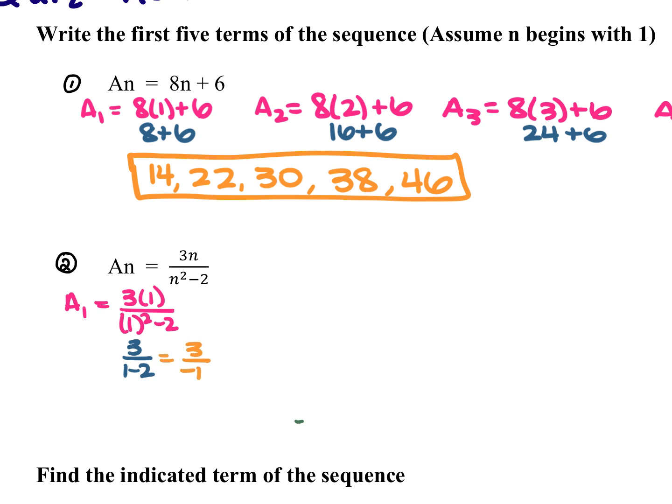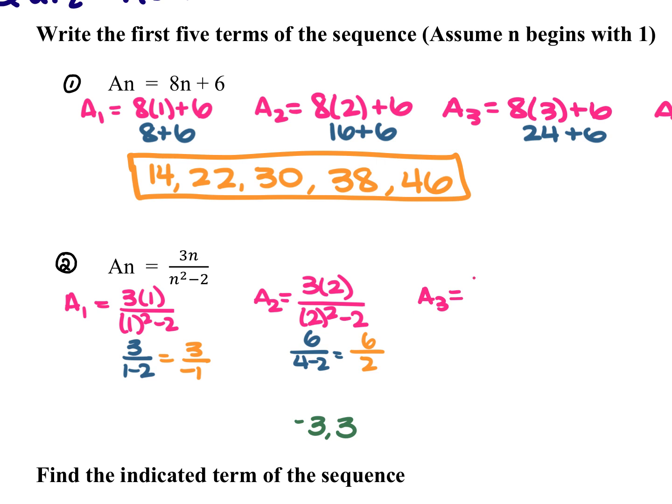And that's going to be negative 3 for your first term. For your second term, you're going to find 3 times 2 over 2 squared minus 2. That's going to give you 6 over 4 minus 2, which is 6 over 2, and that's 3.